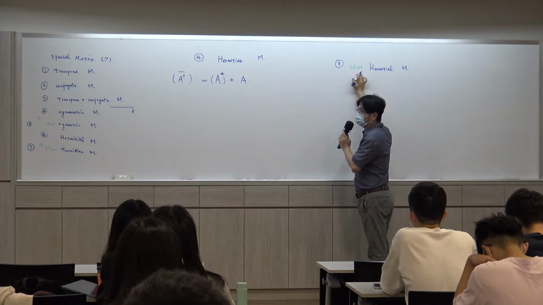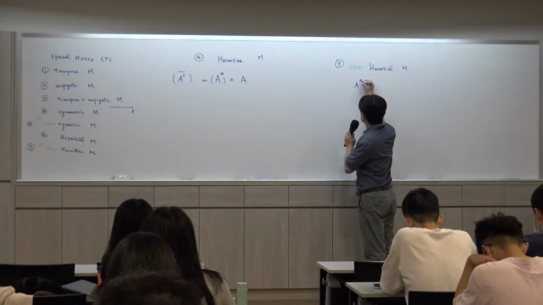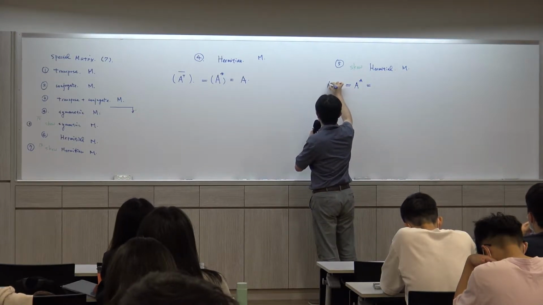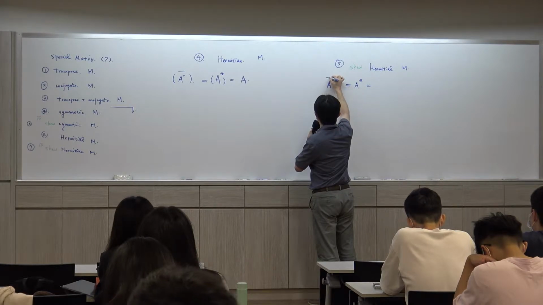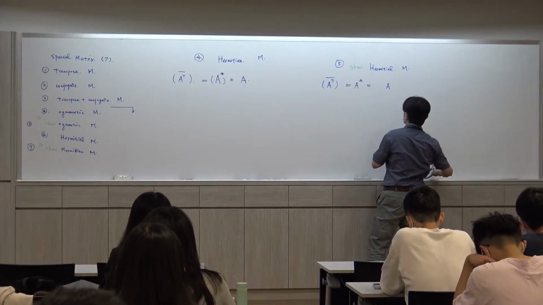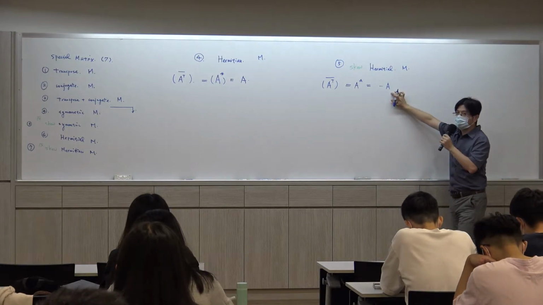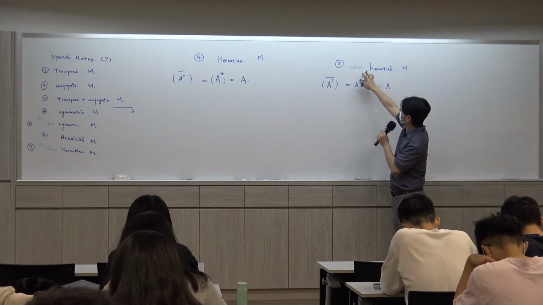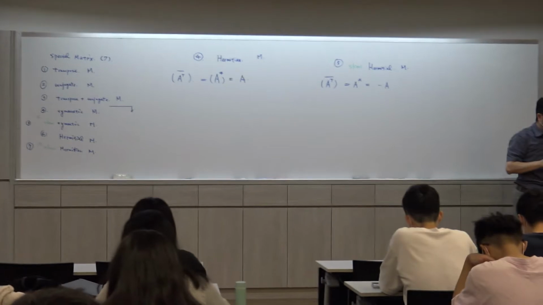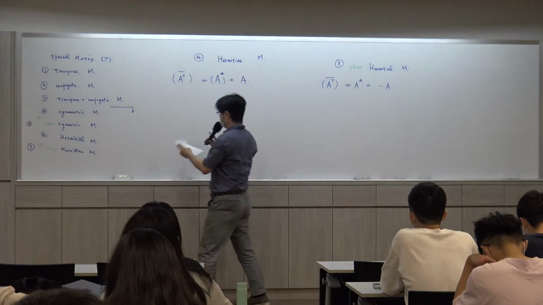Similarly, the definition for the skew Hermitian matrix is that if A star, or you can call it the transpose and the complex conjugate, equals minus matrix A. So that is the definition for the skew Hermitian matrix. We would like to use two examples so that you will better understand the matrix.